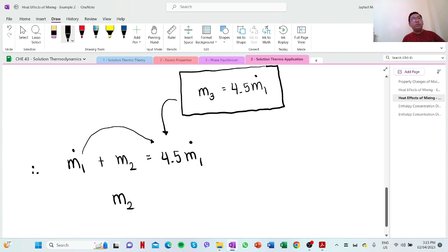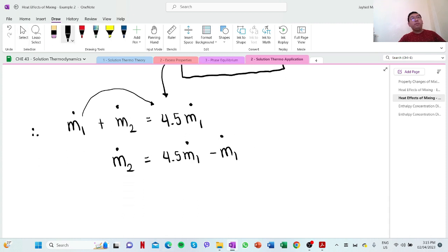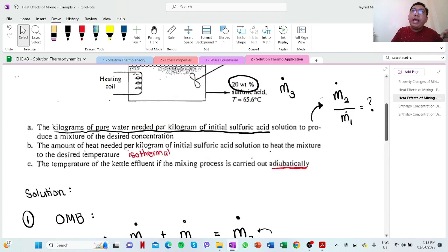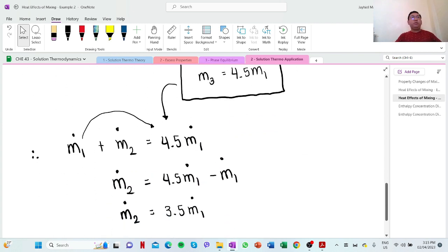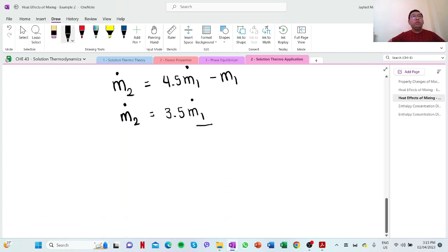That will be M2 dot is equal to 4.5 M1 dot minus M1 dot, and that will be 3.5 M1 dot. So if I'm going to get M2 over M1, you just divide both sides by M1 dot, and your answer will be 3.5.